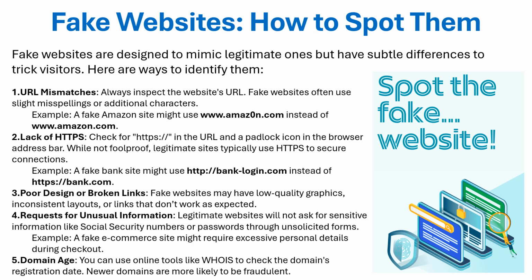The S means a secure link. Also, it may have poor design or broken links. The fake website may have low quality graphics because sometimes they do it urgently or without experience, and sometimes have an inconsistent layout or links that do not work as expected.